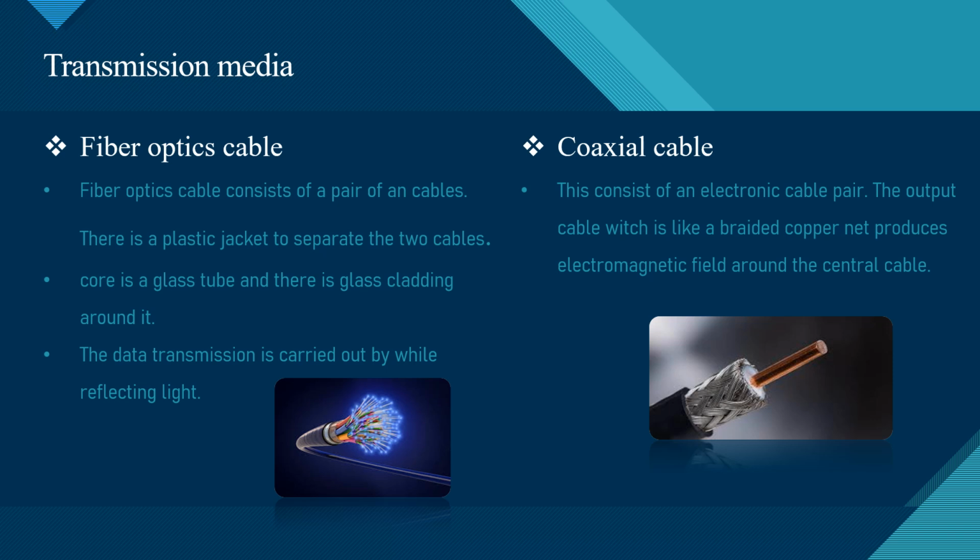The data transmission is carried out by reflecting light. Coaxial cable. This consists of an electronic cable pair. The outer cable, which is like a braided copper net, produces an electromagnetic field around the central cable.